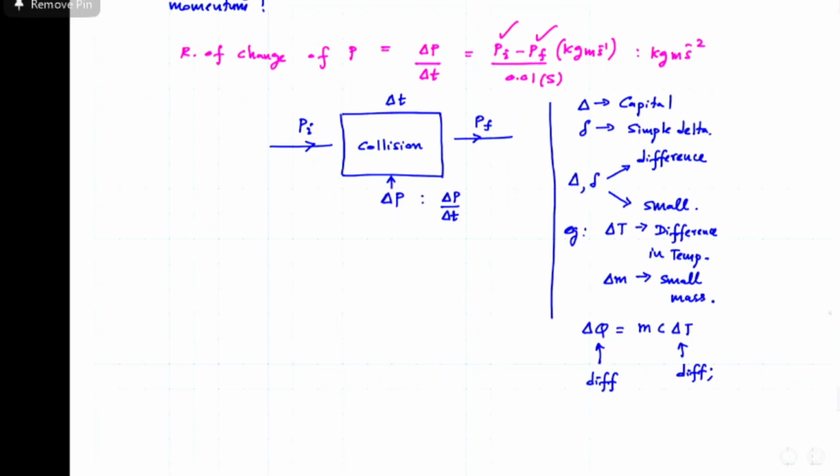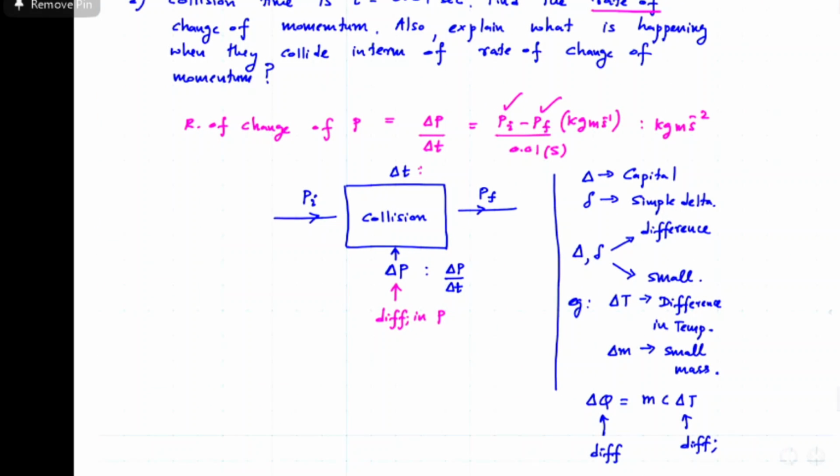Okay. Now then what is this one? This is difference in momentum. What is this one here? This delta t, small time. So now you understand the collision is happening in a very short time, right?